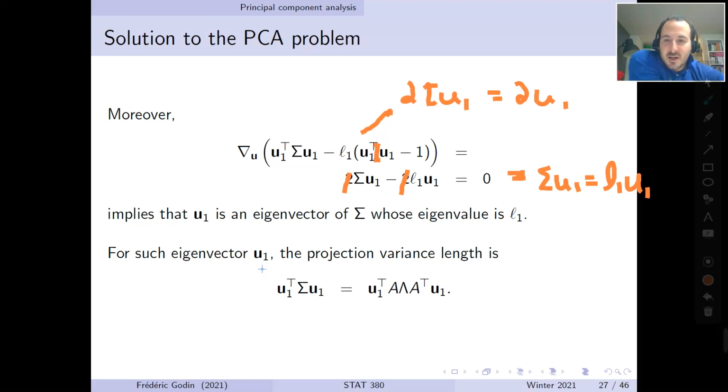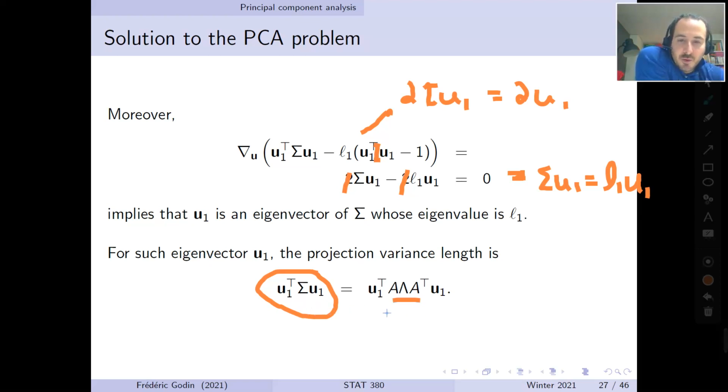Okay, so for such an eigenvector, let's say u1 is an eigenvector, then the projection variance length is the following. This is the quantity we want to optimize with respect to u, and if u is an eigenvector, then we can represent this sample variance by replacing sigma by a.